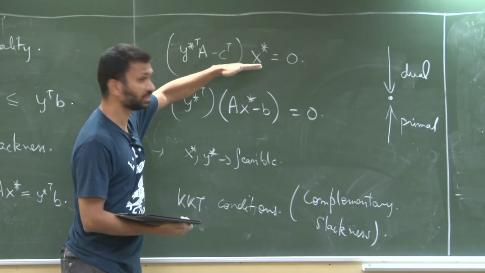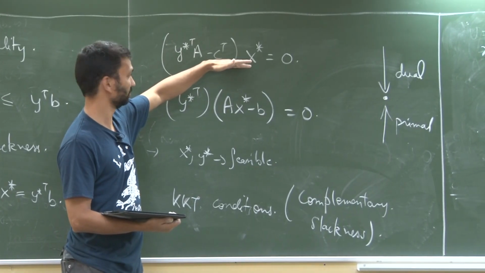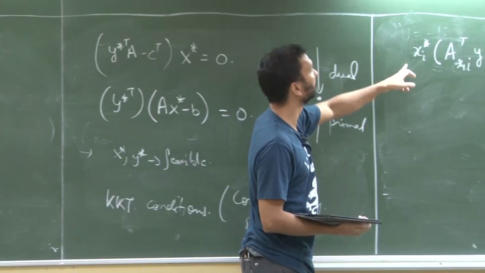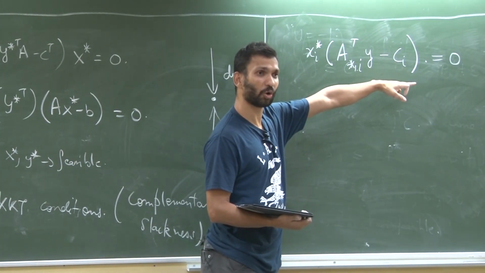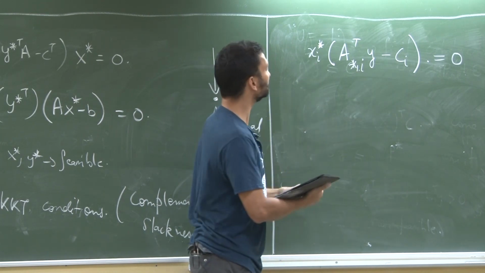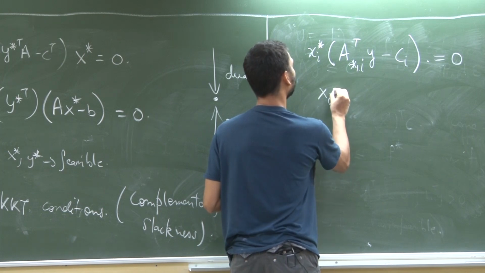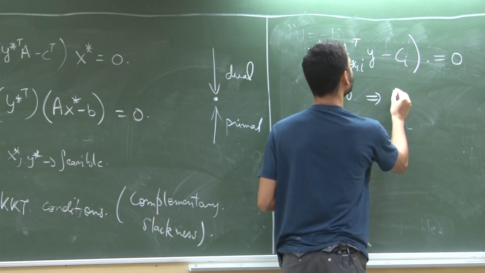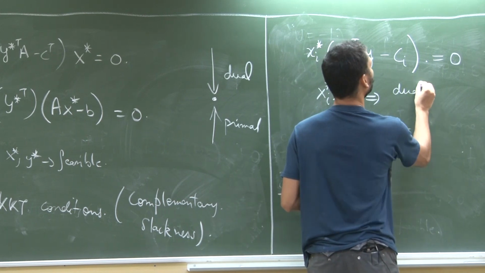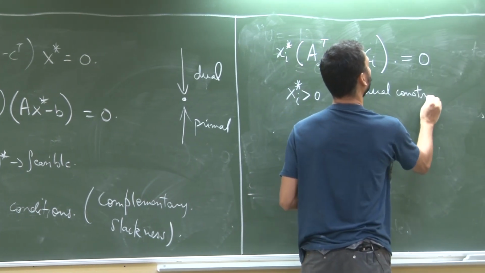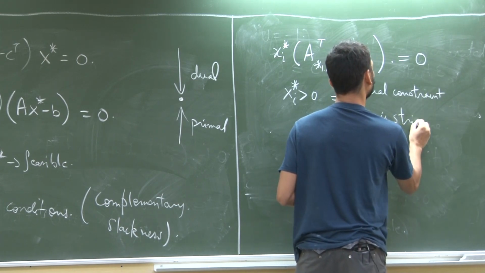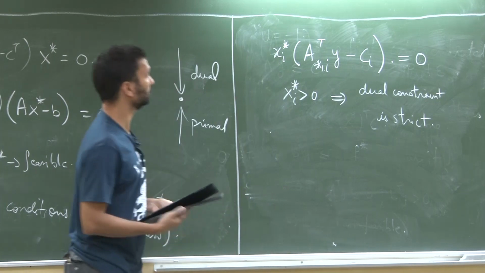Notice everything has to be positive in this, right? So that means all the terms in the summation are 0. So that means if xi is positive, implies, or strict.